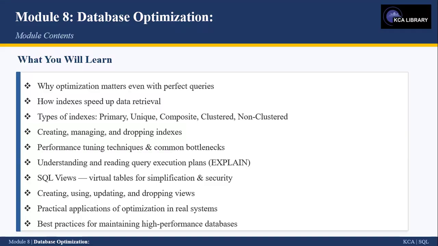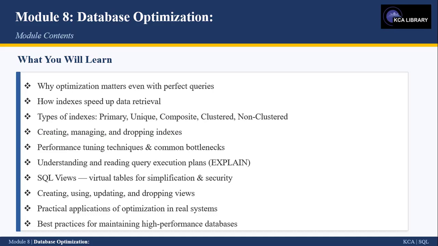In this module, you will learn why optimization matters even when your queries are correct, how indexes speed up data retrieval, and the different types of indexes, which are primary, unique, composite, clustered, and non-clustered. You will learn how to create, manage, and drop indexes, performance tuning techniques, and common bottlenecks.